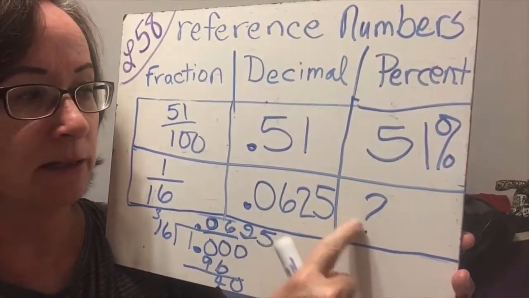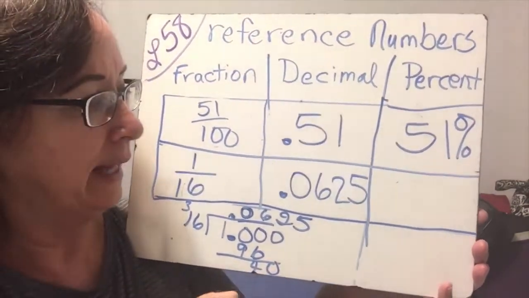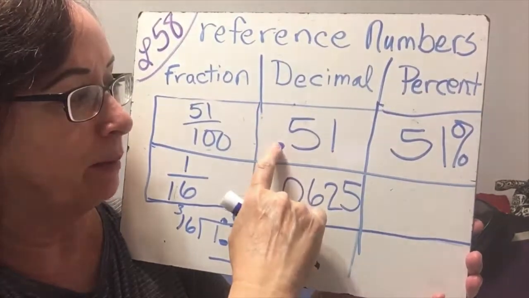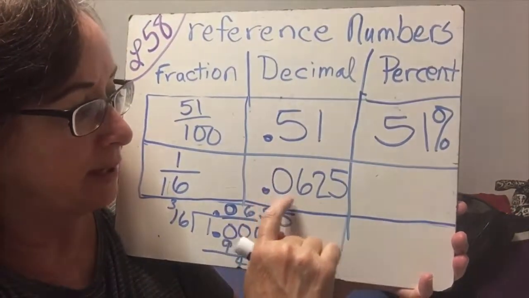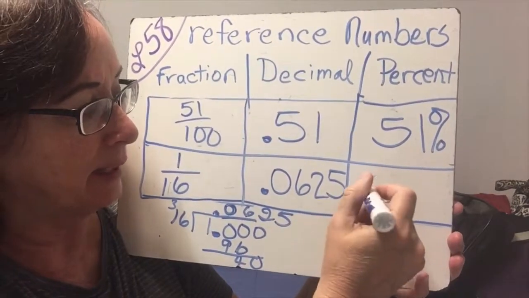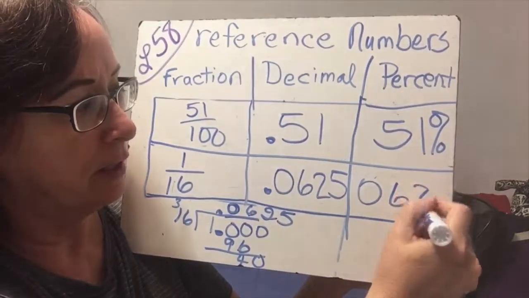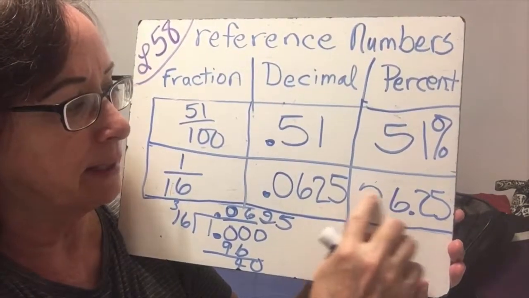Now, to turn it into a percent, all we have to do is move the decimal 2 places, just like we did in our pattern. We moved the decimal 2 places to the right and stuck on a percent. Move the decimal 2 places to the right, and we get 06.25. But remember, this 0 is not important.